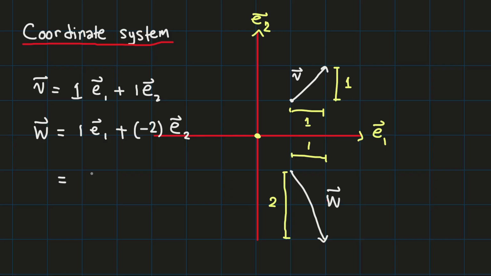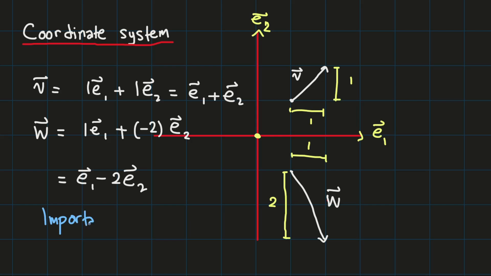So I can rewrite vector phi as e1 plus e2, and the vector w I can rewrite as this. So this is the importance of coordinate system.